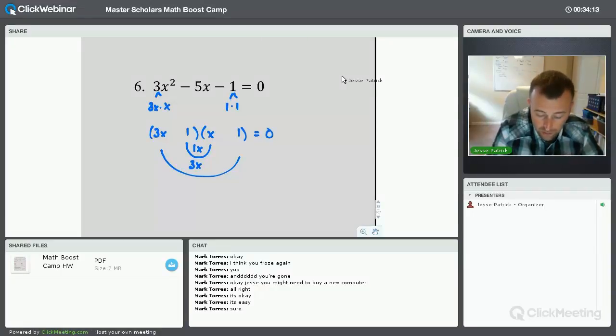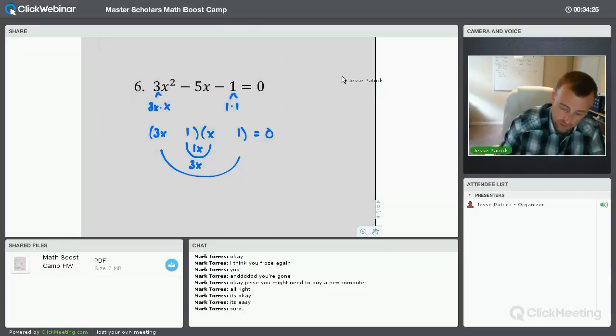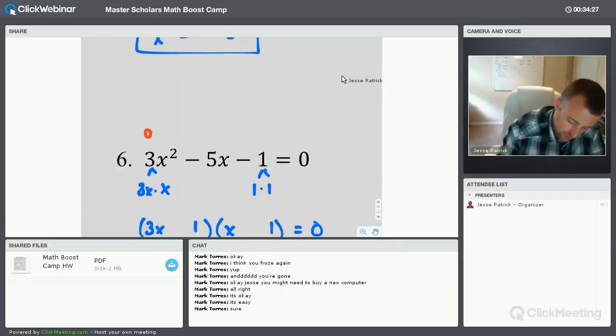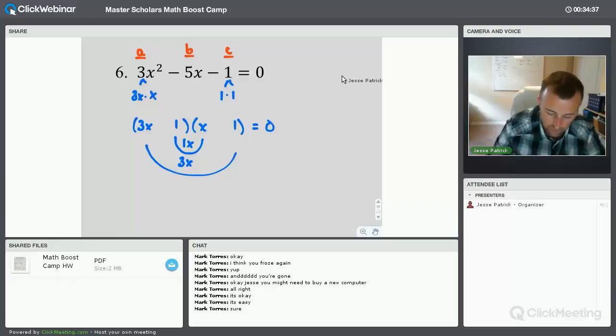So if you cannot do that, then that means that this one is going to be factored using the quadratic formula. So this is where it's nice to know the quadratic formula. If you don't, then you need to learn it because they don't give it to you on the test. So here's a reminder. A is 3, B is -5, and C is -1. We're just going to plug and shove and see what we get.